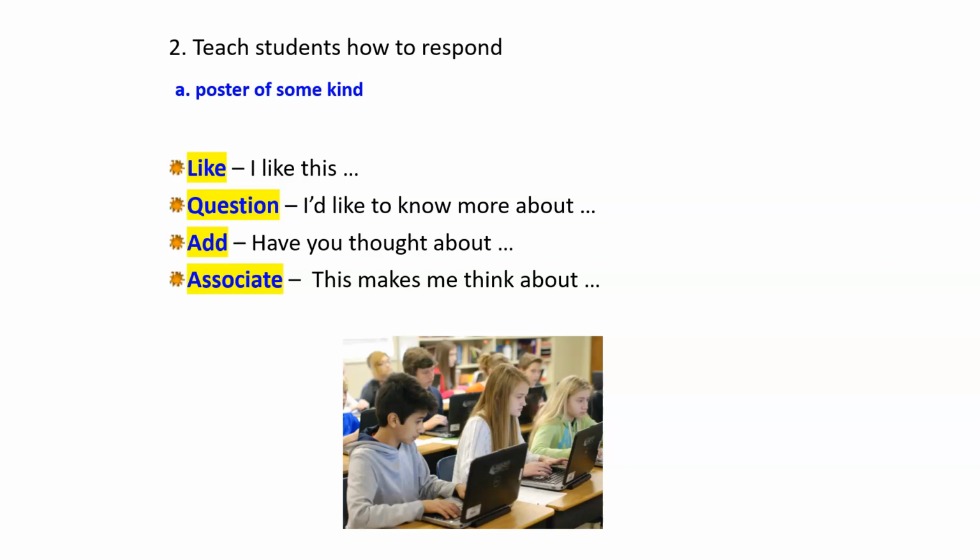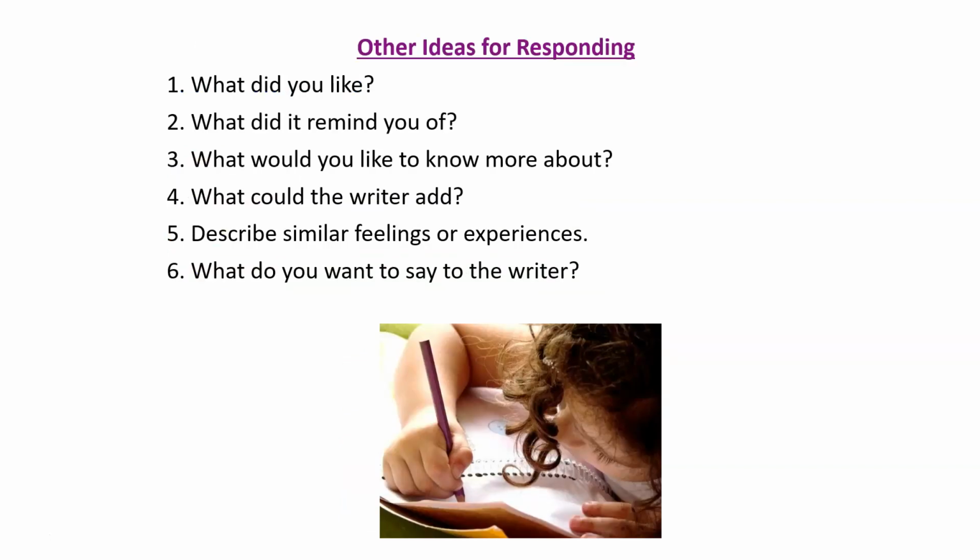Tell me about this. Have you thought about adding this? Or what does it make you think about? Those are just 4 simple ones. And adopt and adapt. Maybe you'd want to have 2 of these, maybe different ones, but provide some sort of structure to help students know how to respond. Eventually, this becomes natural, and students know how to respond.